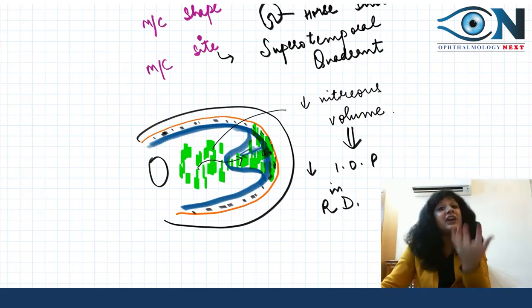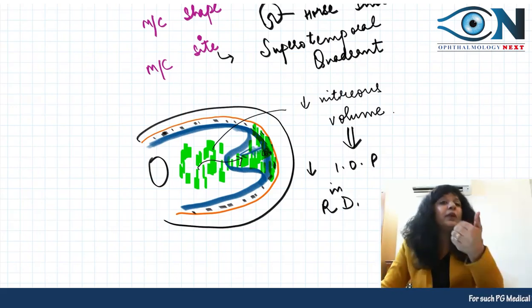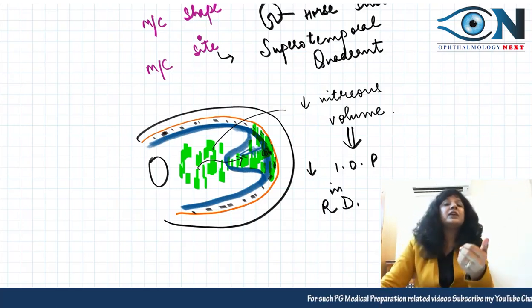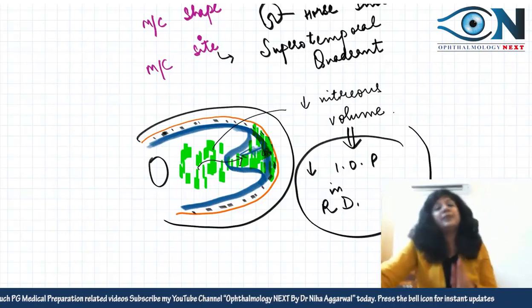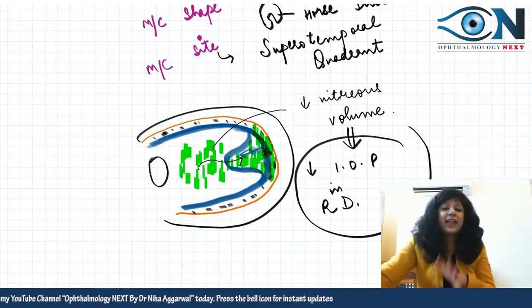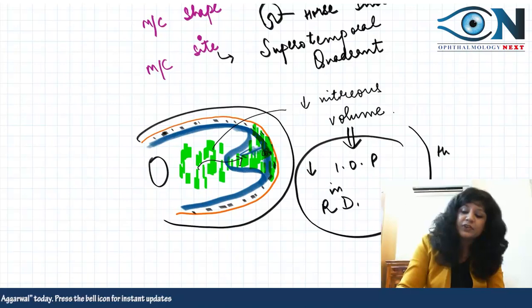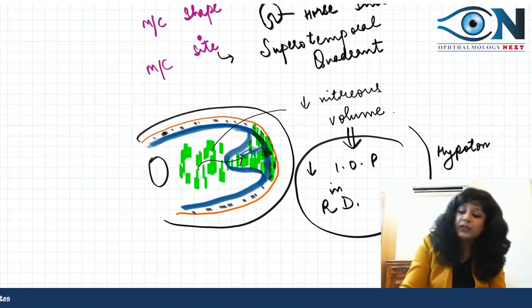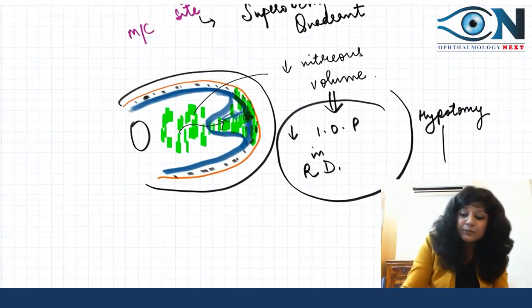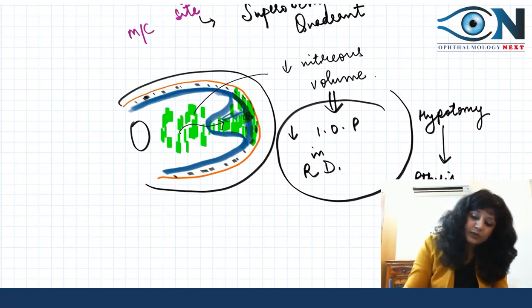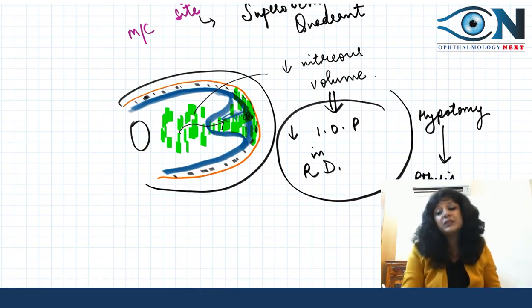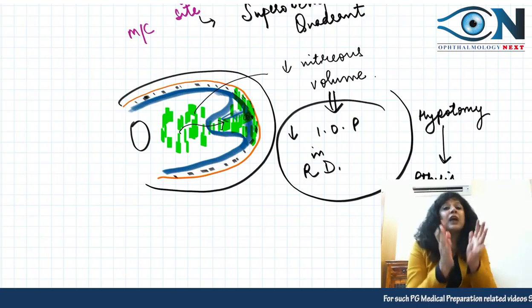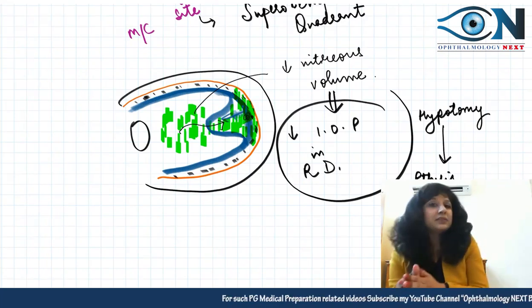So if it's a large RD and a large amount of fluid has gone in between the layers, the decrease in the intraocular pressure will be very, very large, and this explains the decrease in intraocular pressure, the hypotony, and sometimes it can also lead to the phthisis bulbi. So one of the complications of the retinal detachment can be decreased intraocular pressure, hypotony, and the phthisis bulbi.